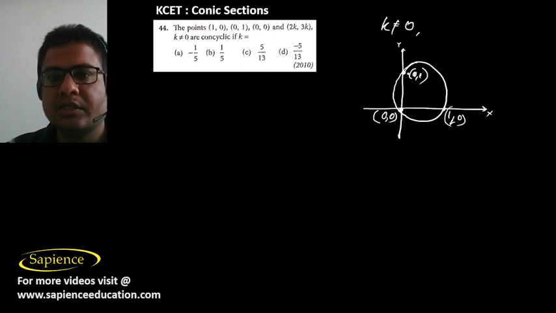Now this is a right angle. We know that angle in a semicircle is a right angle. So the line joining these two points should be the diameter of the circle. This line segment should be the diameter of the circle.